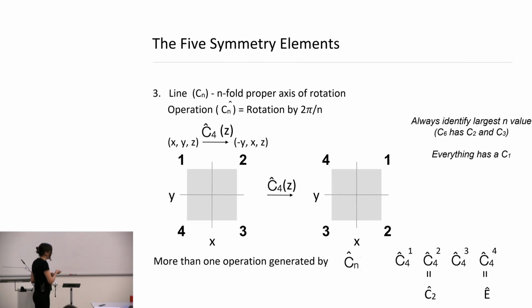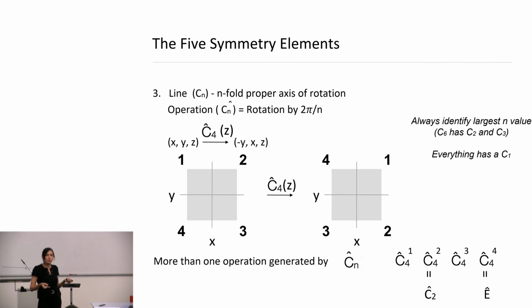Okay, our next symmetry element is the line, or what we refer to as C sub n in group theory, which is an n-fold proper axis of rotation. And this is when you rotate by 2 pi over n. So for instance, if it is a C4 axis, then it's 360 over 4, or a 90-degree rotation.